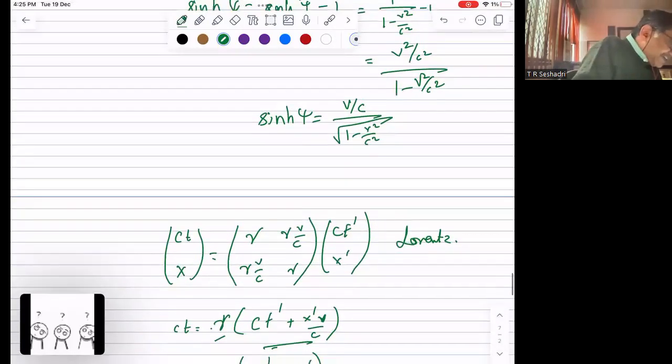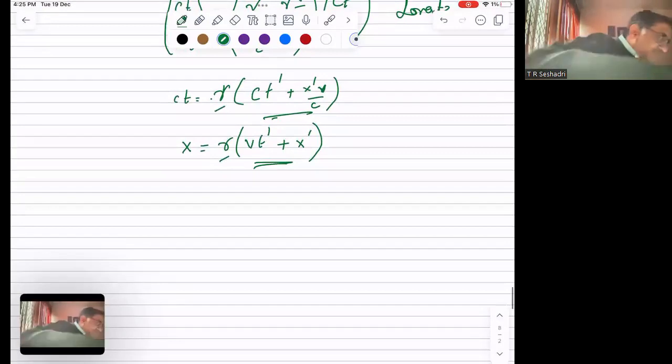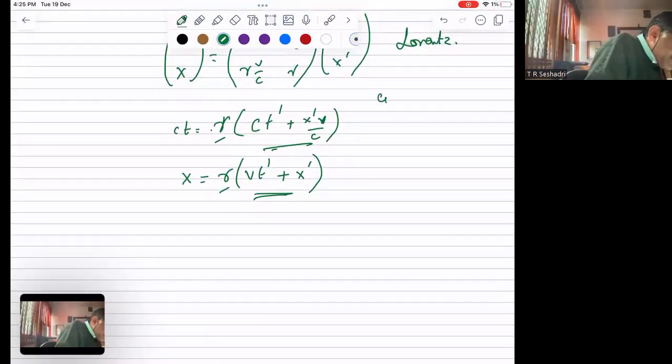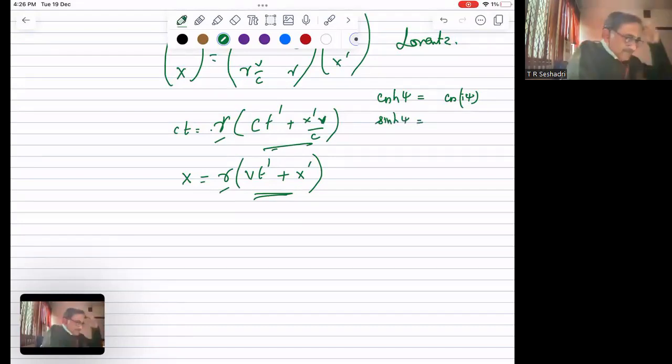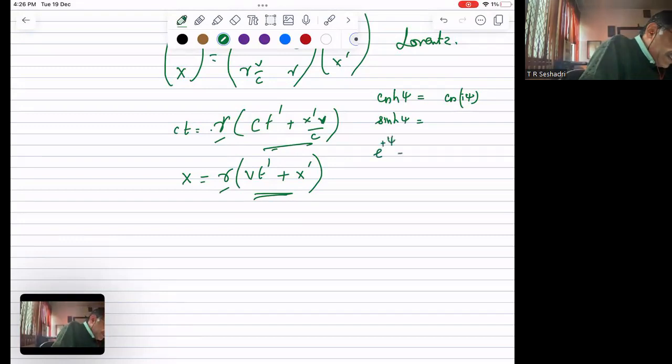So the idea is that, for the Lorentz transformation, if you look at it, cos hyperbolic psi is equal to cos of i psi. And sine hyperbolic psi is e to the power psi minus e to the power minus psi, divided by 2.